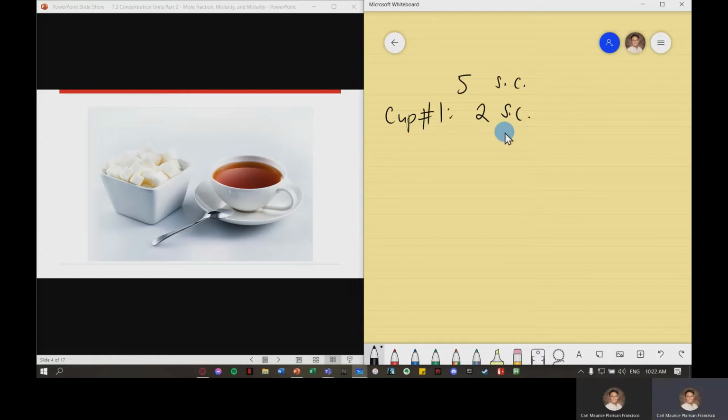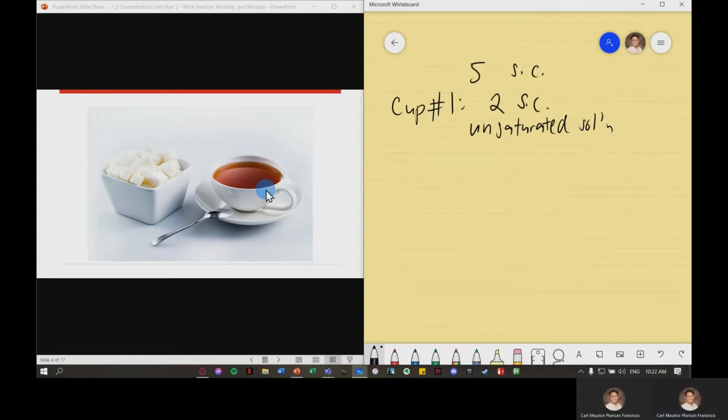Yung 2 sugar cube madi-dissolve, pero ang ating tsaa o solution ay tinatawag nating unsaturated solution. Ulitin ko po. Ang cup of water na ito ay kaya mag-dissolve ng 5 sugar cube. Yung cup number 1 na pine-prepare natin, nilagyan lang natin ng 2 sugar cube. Na-dissolve ang 2 sugar cube, ngunit dahil hindi natin na-attain ang maximum o mas mababa sa maximum na kayang i-dissolve, unsaturated lang.